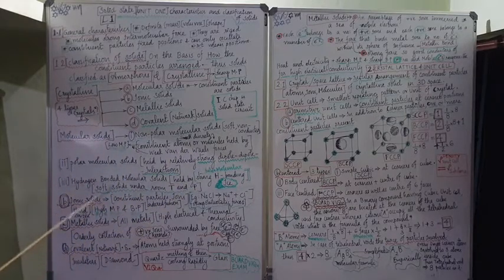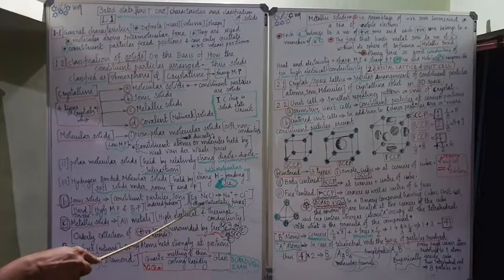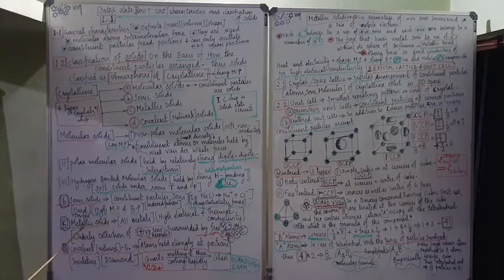Just remember all that. Non-polar molecular solids have a low melting point due to weak van der Waals forces. Second, ionic solids: the constituent particles are ions, with strong electrostatic forces; they are brittle, with high melting and boiling points and an ordered arrangement.